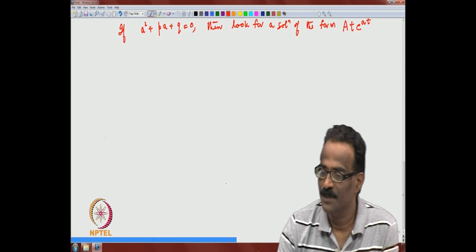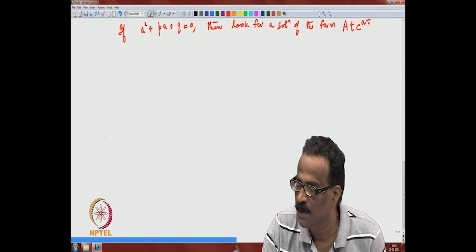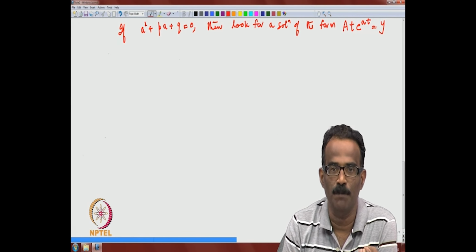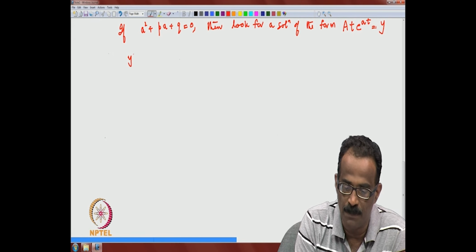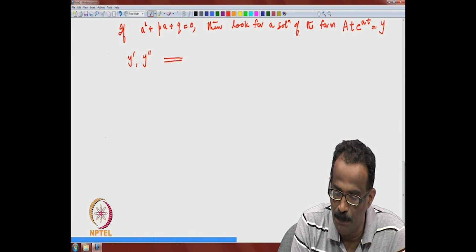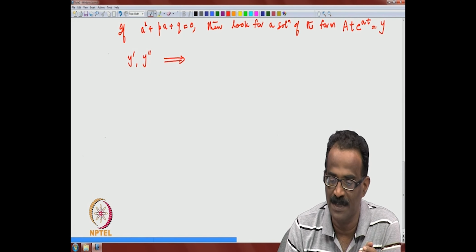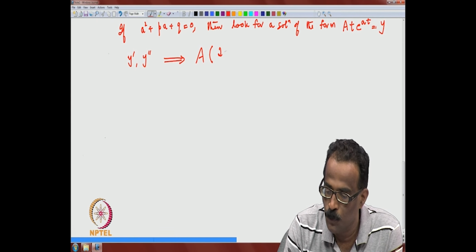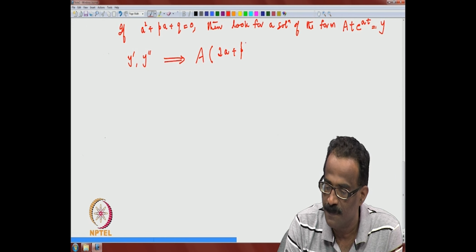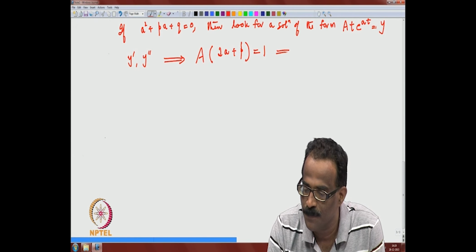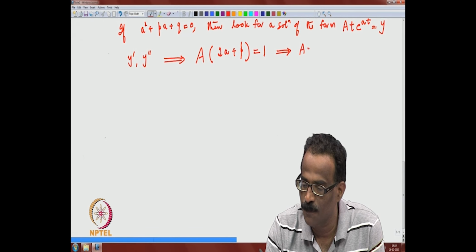So, now proceed. You are looking for the solution of the form, this is our y. So, do a simple computation: compute y prime, y double prime, then I will skip the computation, and what you will get is that A into 2a plus p equal to 1. So, that will give you A is equal to 1 over 2a plus p.